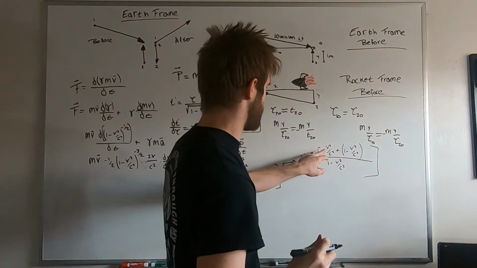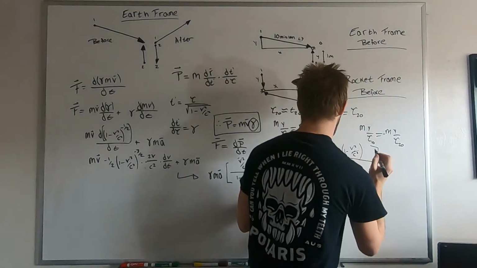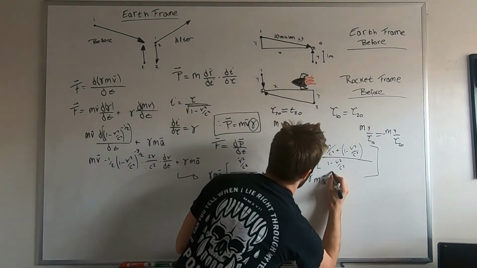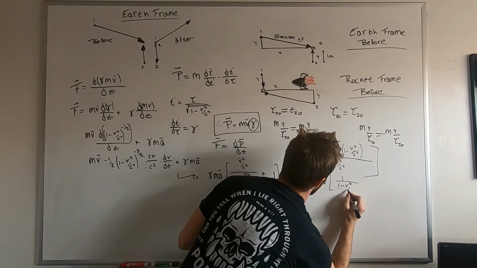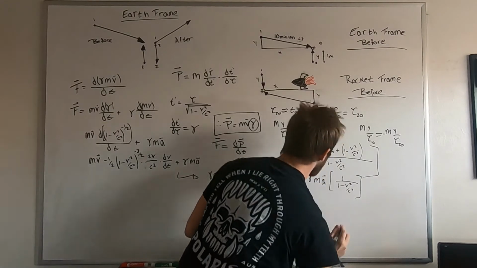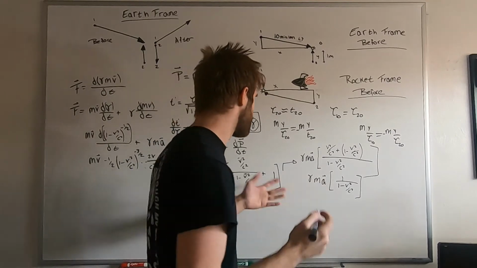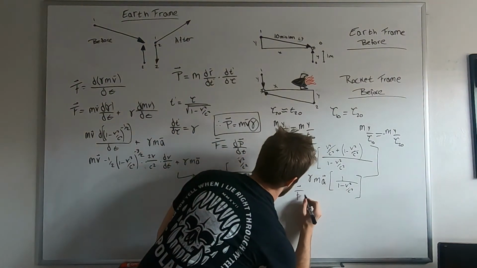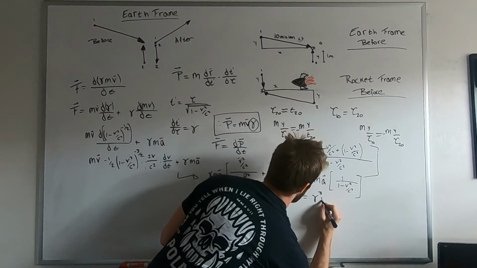If we just bring these over, these would end up canceling, and we just have gamma ma times 1 over 1 minus v squared over c squared, which, if we multiply with our existing gamma factor, is simply our new force. So force is equal to gamma cubed times ma.